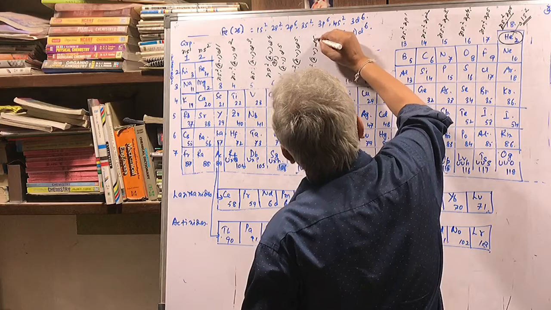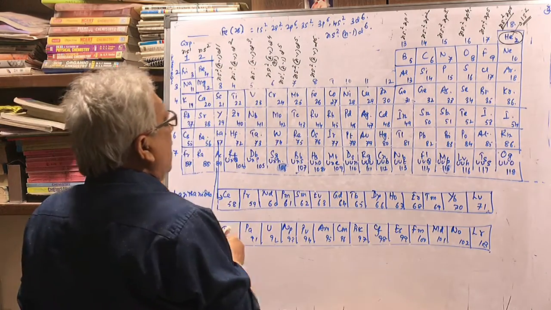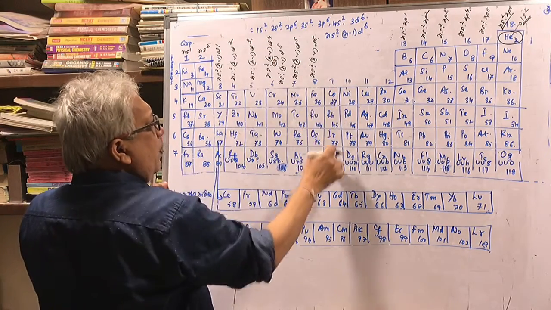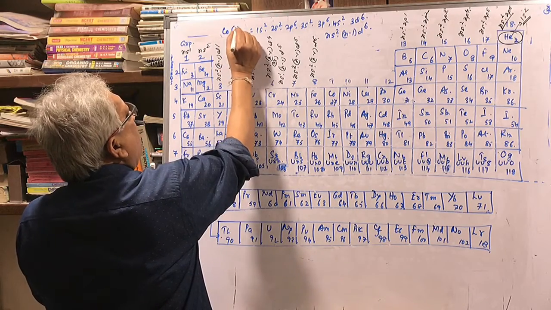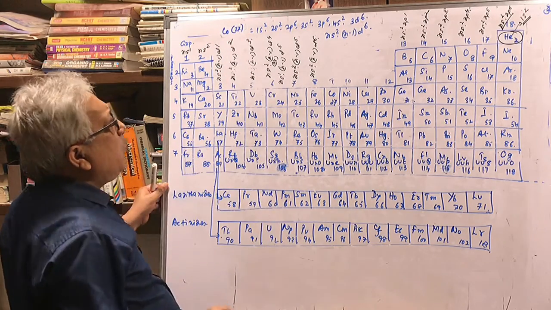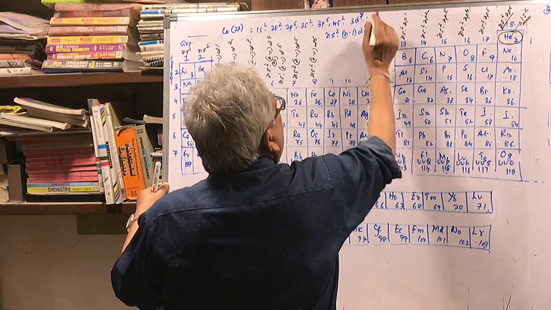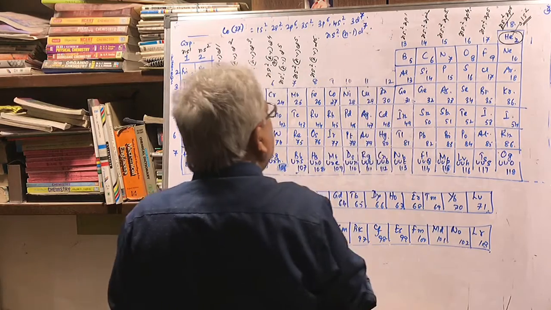Is it okay? Now you go to the next one, cobalt, that is group 9. The representative I take is cobalt. If I see cobalt, I will be able to understand the others. Atomic number 27, so it will be 4s2 3d7. That means the common configuration will be ns2 (n minus 1)d7.